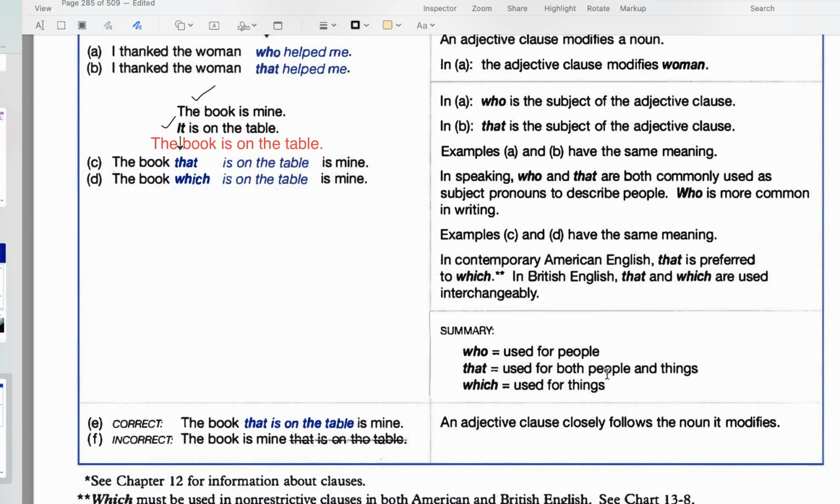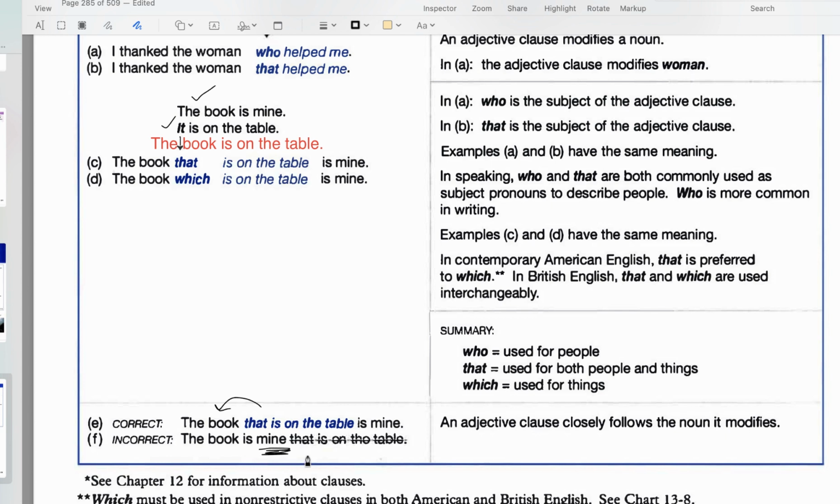It's important to know that an adjective clause closely follows its noun. If not, it gets lost. For example, the book that is on the table, and basically we're saying the book that is on the table, right? But here, we wouldn't say the book is mine that is on the table. Mine is not on the table.